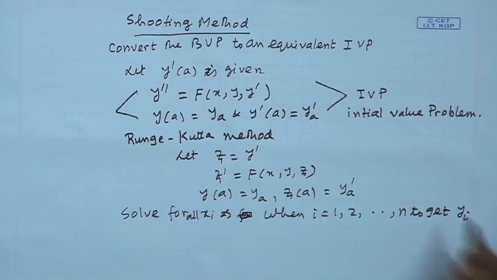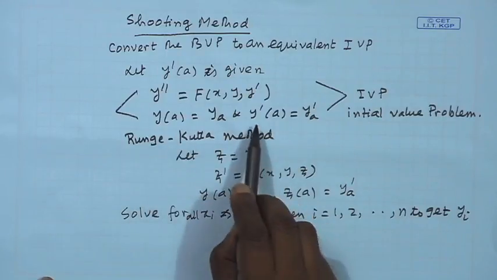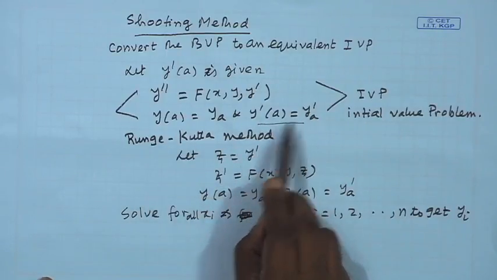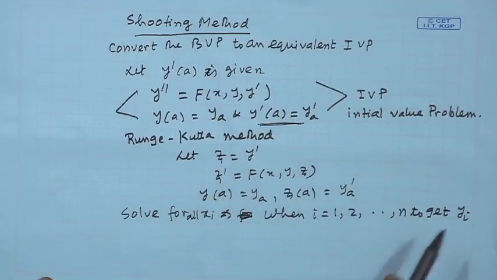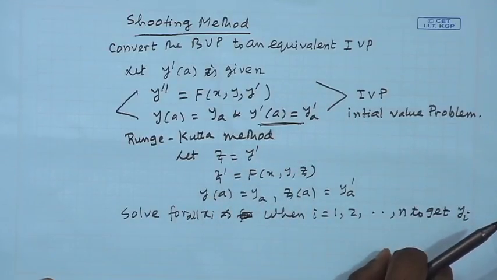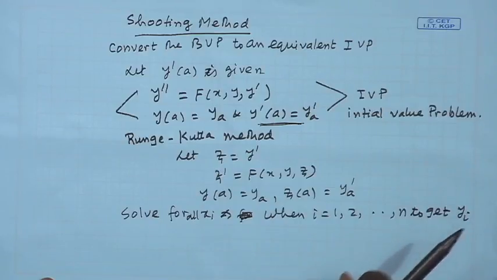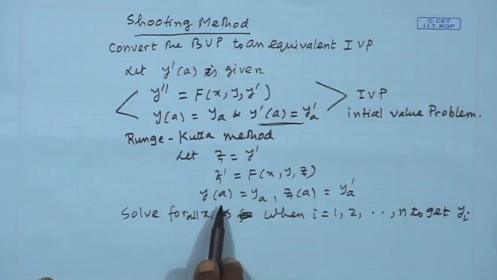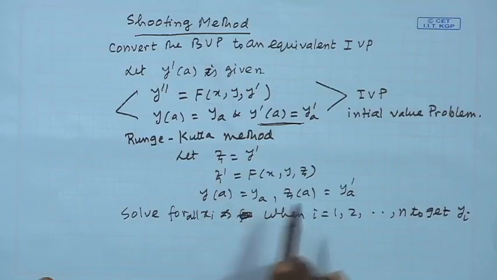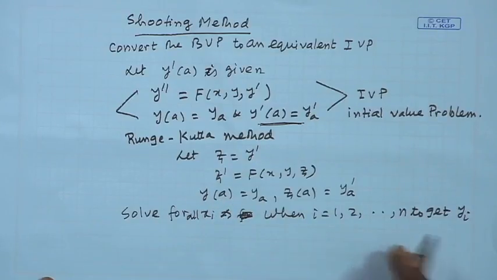So, this is one of the methods where we assume, if we have supplied the missing initial condition, corresponding initial condition y a equal to y dash a, I can convert the given boundary value problem to an initial value problem and solve step by step starting from x equal to a. Then we march forward and get the solution up to n.